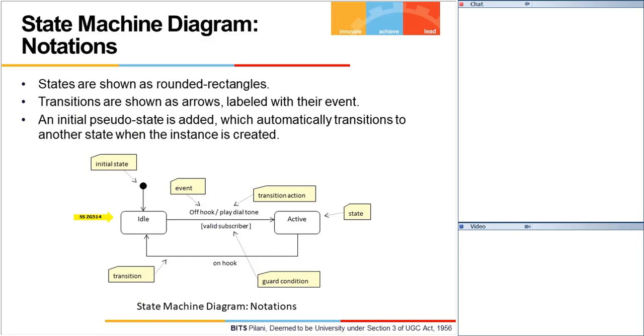In a hurry, you might end up drawing the rectangles that you usually draw in the activity diagram. It's very important that you get the correct notation and draw the right kind of rounded rectangles, right? So your state is represented with the help of a rounded rectangle.